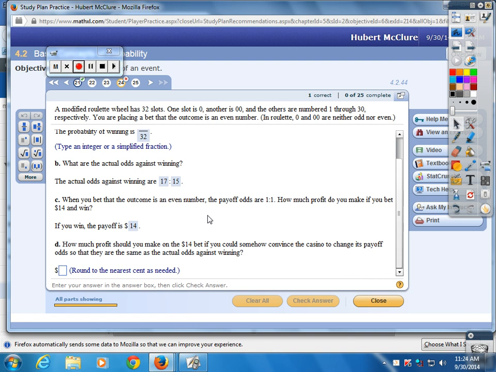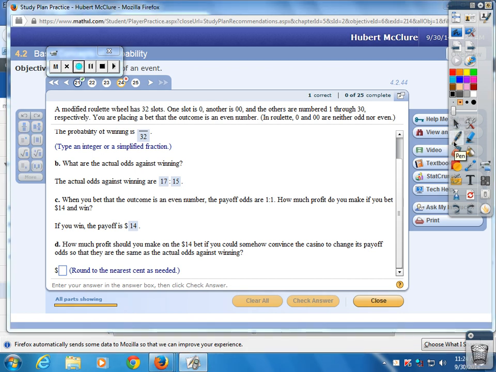What will you win? What will be the payoff? I'm just going to say the payoff. I'm not even going to look at the word profit. What is the payoff if you bet $14 on those odds? Well, you take 14 bucks and multiply it by 17 over what?